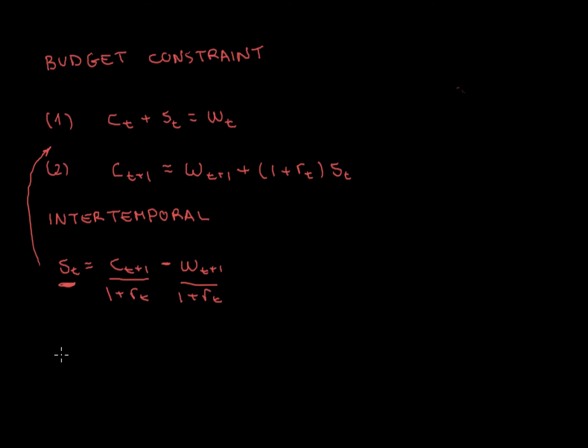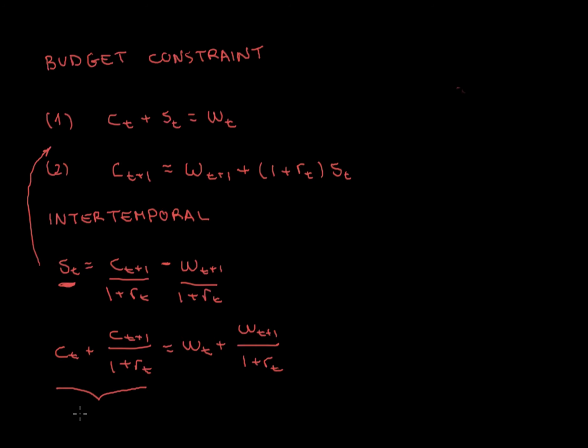So we have here consumption t plus consumption t plus 1 must equal wage t plus wage t plus 1 divided by 1 plus r t.